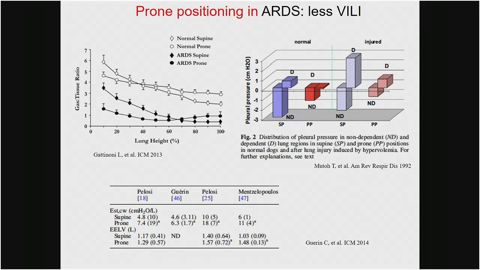As you can see on the right-hand side of the slide, the swing in pleural pressure in blue is dramatically decreased going from supine to prone position, okay? So this makes the distribution of ventilation through the lung more homogeneous, with a consequent more homogeneous distribution of the VQ ratio, okay? So with better gas exchange. Okay, next slide.